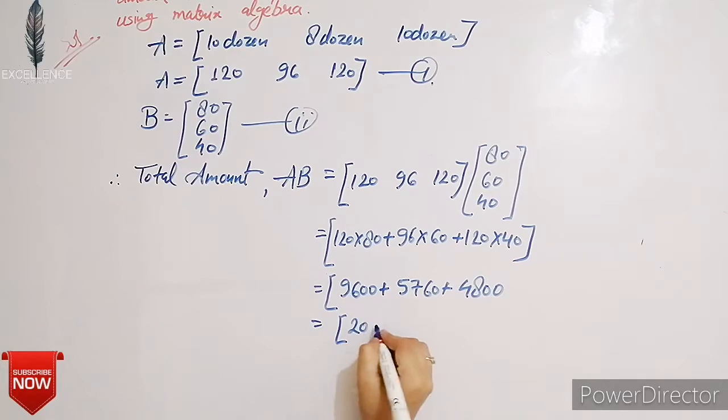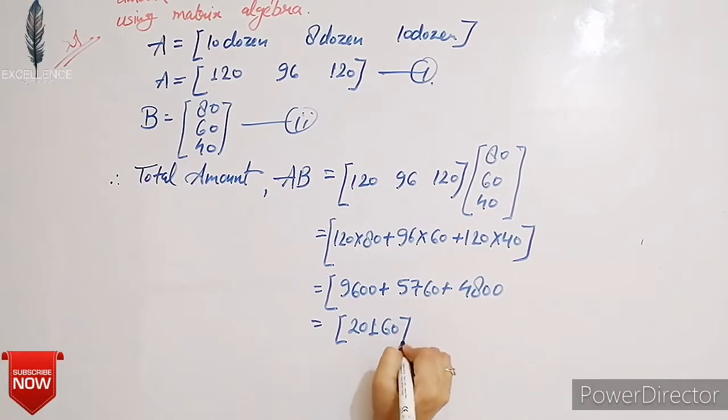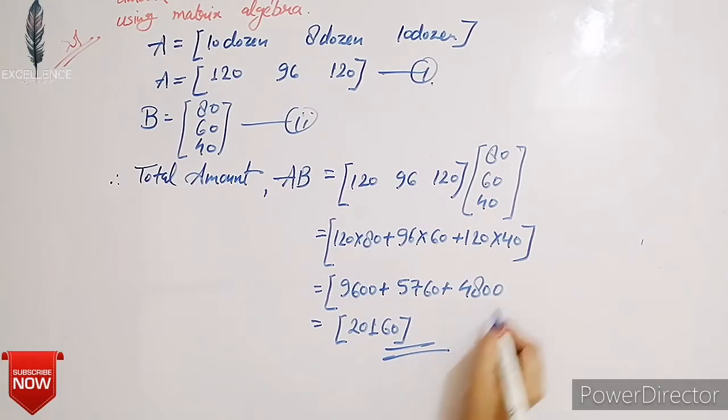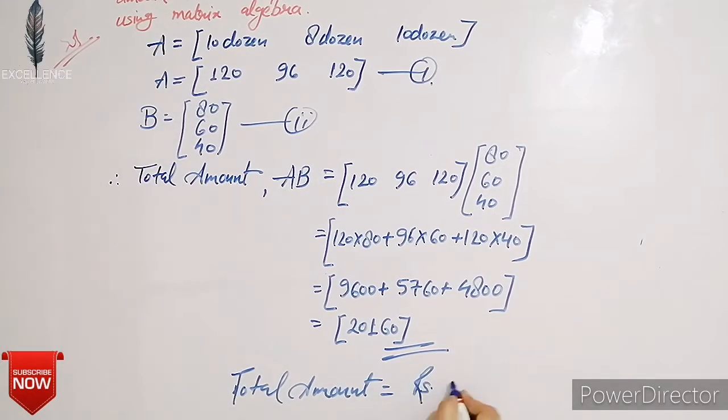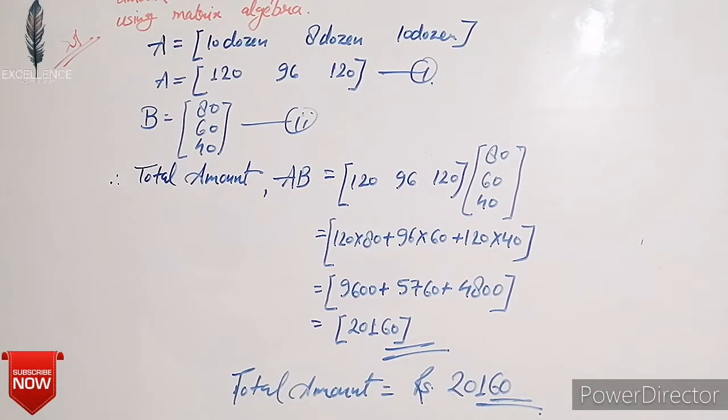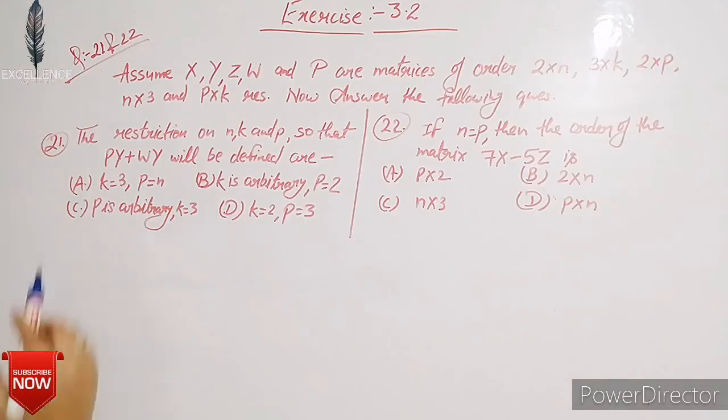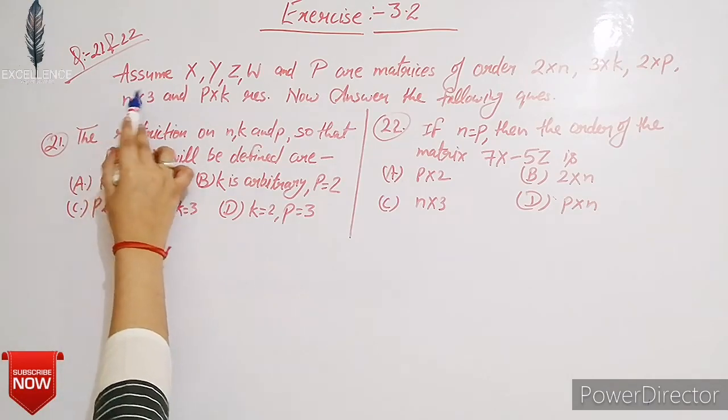On adding, we have 20,160. So the total amount received by the bookshop is equal to rupees 20,160. Okay, clear?